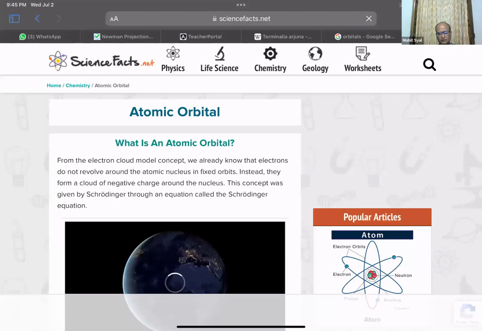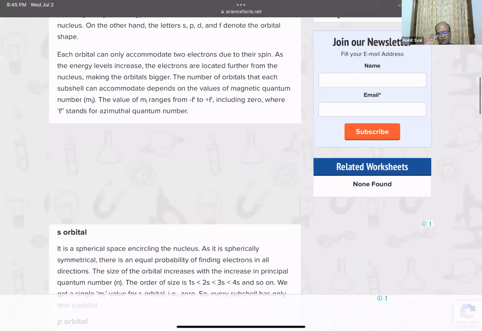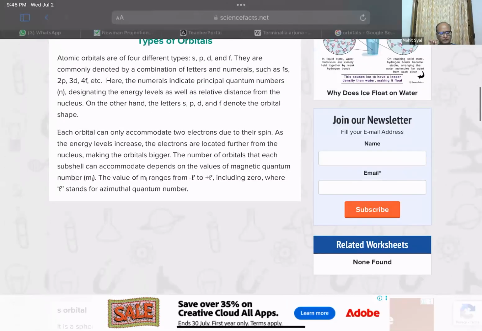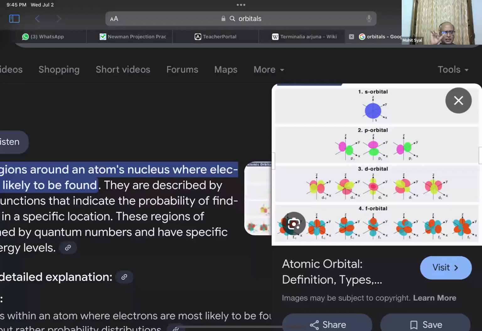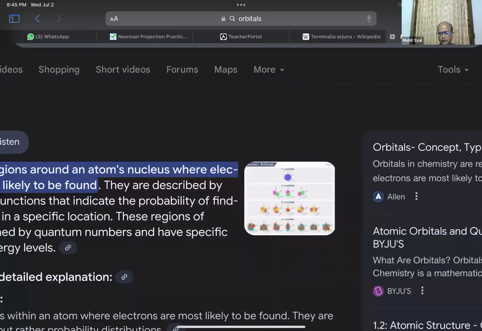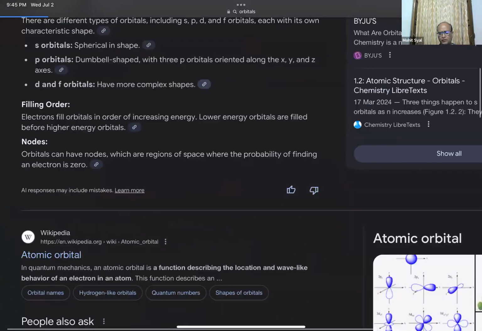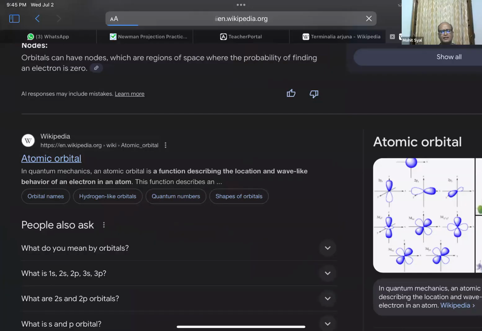It is just like a cloud around the nucleus. And that cloud is plotted by plotting the value of the wave function psi and psi square around the nucleus. Is it clear?